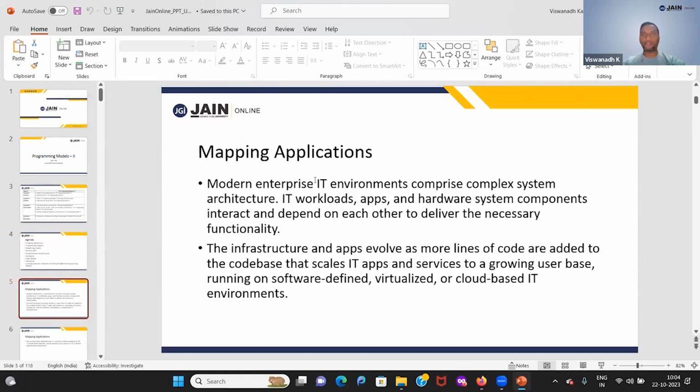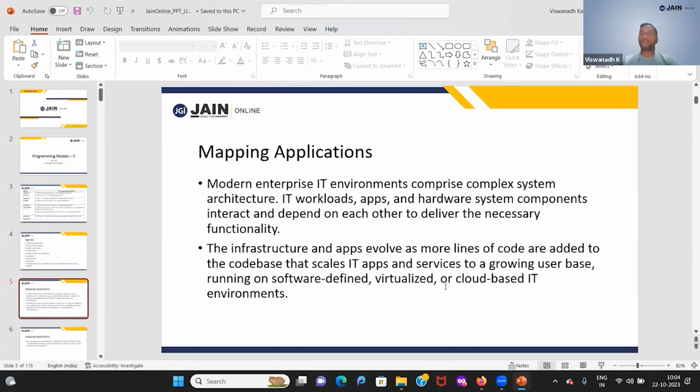Mapping application: the modern enterprise IT environment requires a complex systems architecture wherein hardware system components interact and depend on each other to deliver the necessary functionality. As infrastructure and apps evolve, more lines of code are added to the code base that scales up IT apps and services.